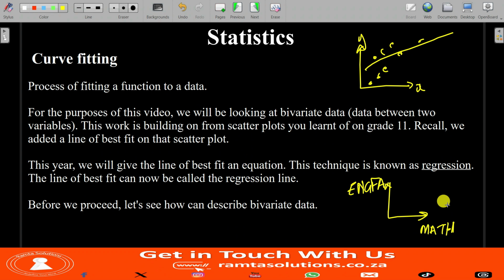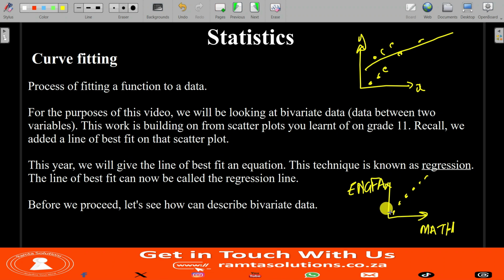And then when you look at it, let's say the data points are like this. And what do you see? It seems that when a student does well in English, directly they are doing well in mathematics.